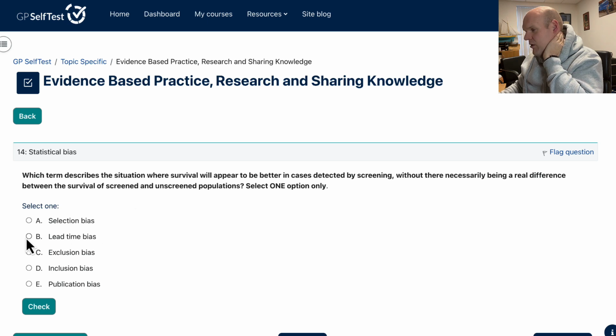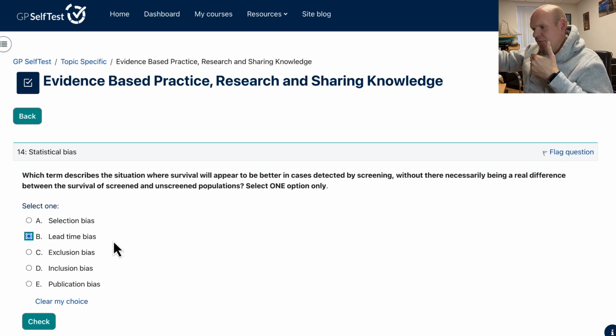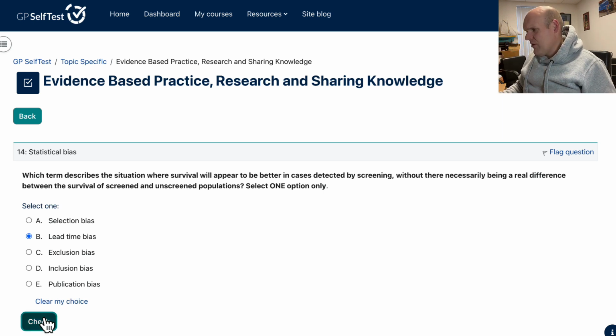Is it lead time rather than selection? It's one of those two. It's not publication bias. The reason why I'm tempted with lead time bias is that lead time, as far as I understand, is where you have a period of time set forward. So if you pick someone up early versus when you pick them up later, it doesn't make a big difference, and that's why I'm going with it.